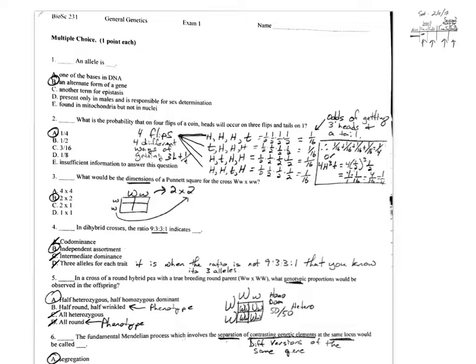Another way you can do it is you can say, look, I have 3 heads, so that's heads, H cubed, right? H times H times H is H cubed. There's four different versions of that, and then you're multiplying that times T. So again, 4 T's, a T here, a T here, a T here, and a T here.